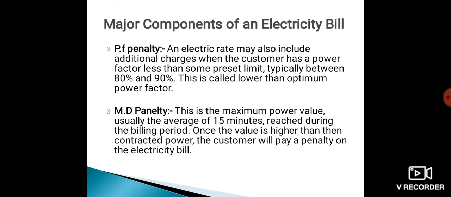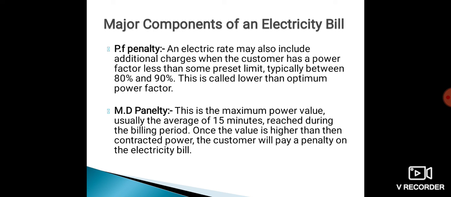Next is power factor penalty. An electricity rate may also include the additional charge when the consumer has a power factor less than some preset limit, typically between 80 to 90%. This is called as a lower than the optimum power factor. So that means each and every industry has to maintain their power factor above 0.9.